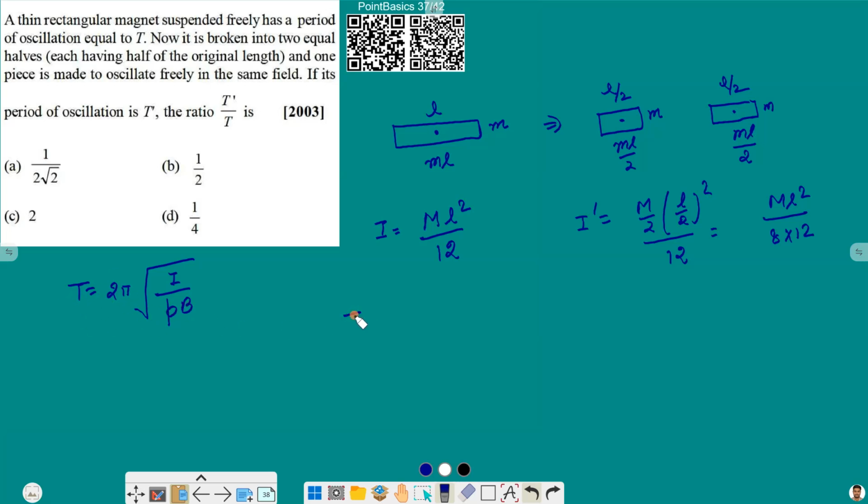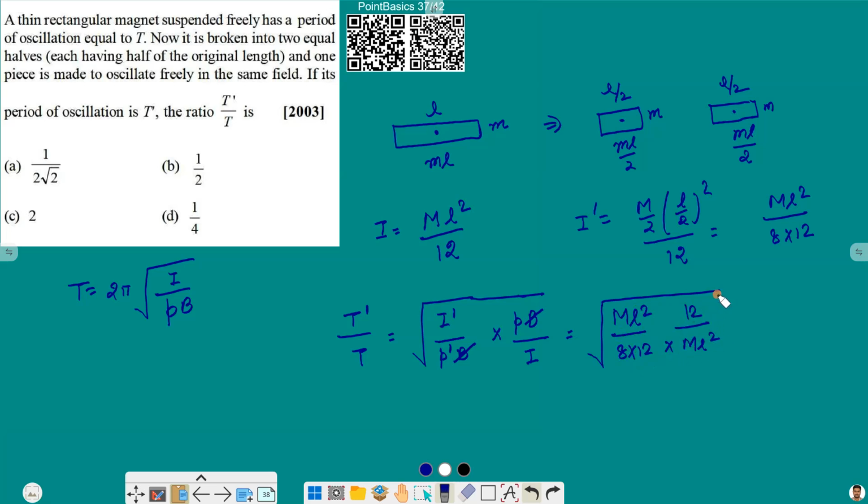We can say T by T dash, or we have to find out T dash by T. So T dash by T will be root of I dash P dash B divided by I P B. Now B is same, I dash is capital M L square by 8 into 12, and I is M L square by 12.